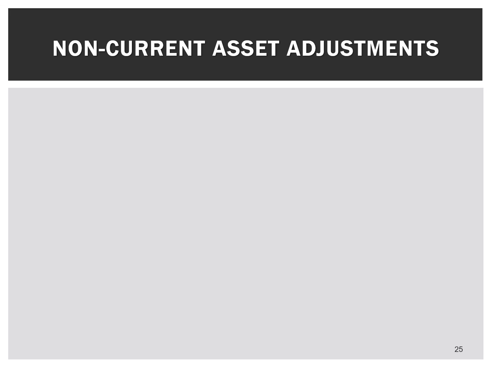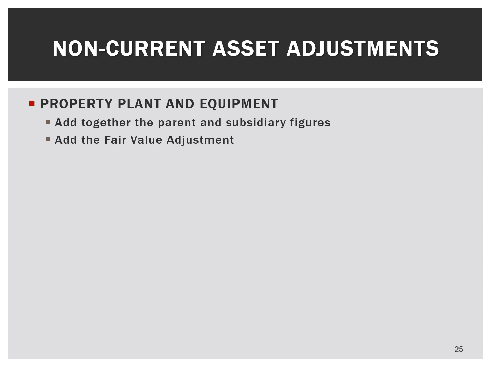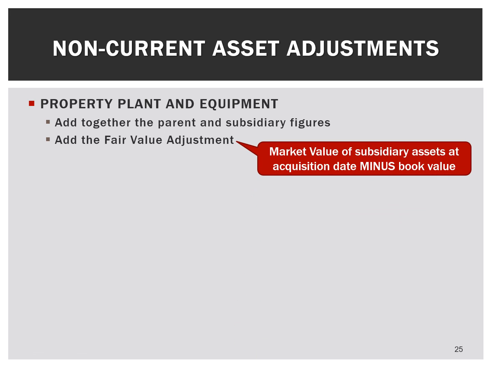So if we look first at the non-current asset section of the statement of financial position, property, plant and equipment, the first thing we need to do is to add together the separate figures in the subsidiaries and parent companies statements of financial position. But once we've done that, we need to add on a further figure to take account of any fair value adjustment that was required when we calculated goodwill. Remember, that's the difference between the market value and the book value of the subsidiary's assets at the date of acquisition.